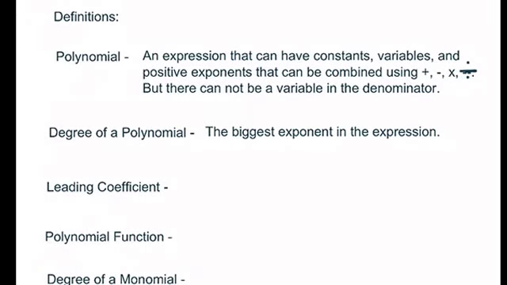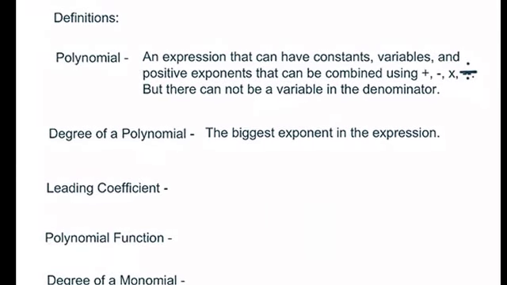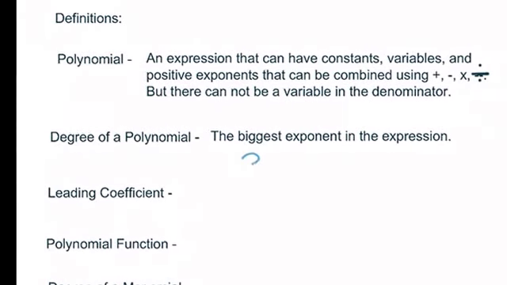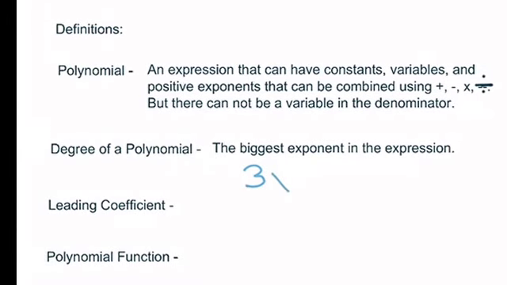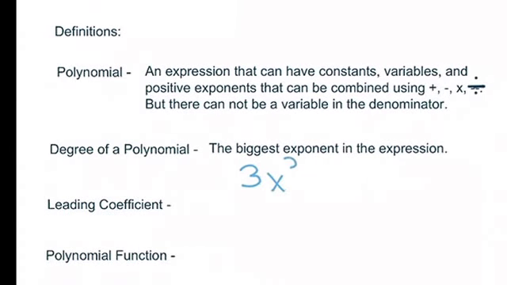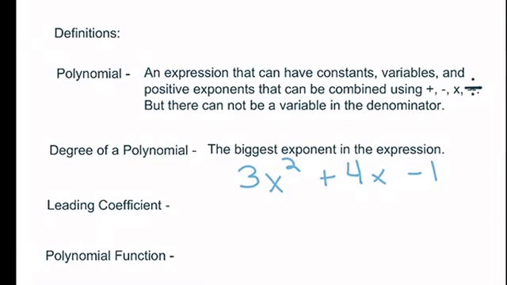Now the degree of a polynomial is the biggest exponent in the expression. For example, if we've got 3x squared plus 4x minus 1, the degree of the polynomial is 2 because that's the biggest exponent.